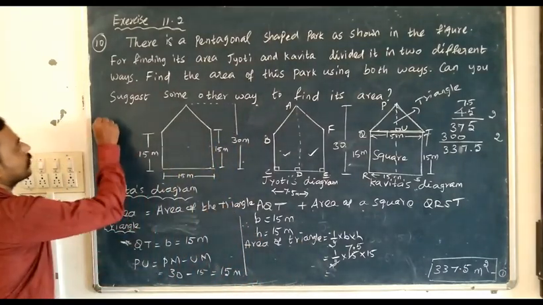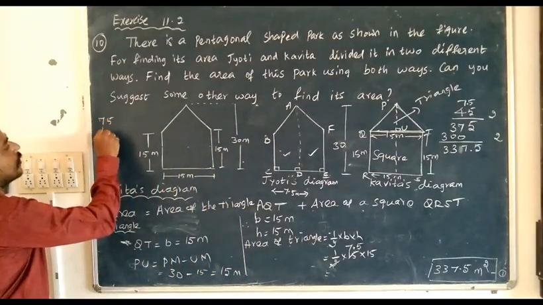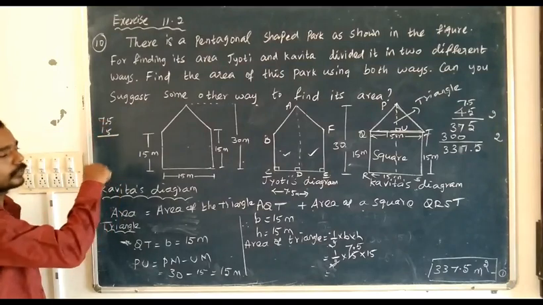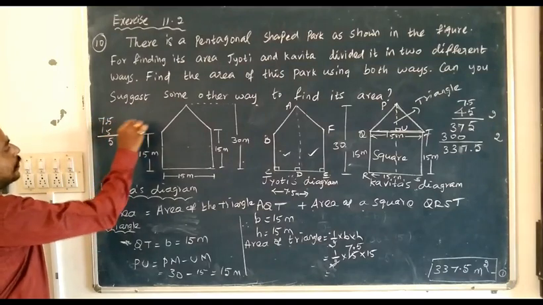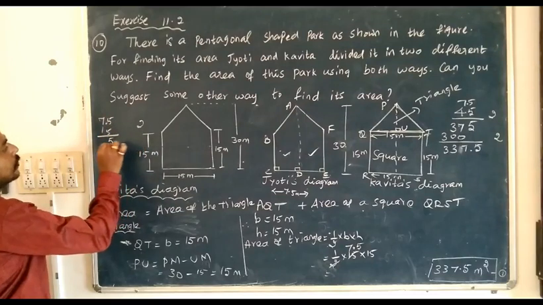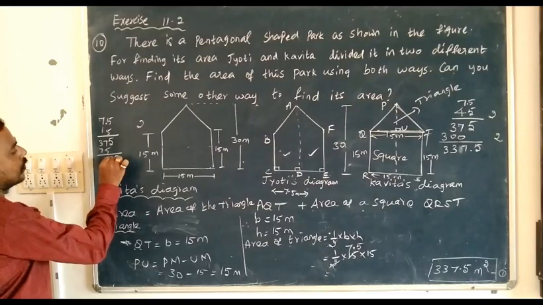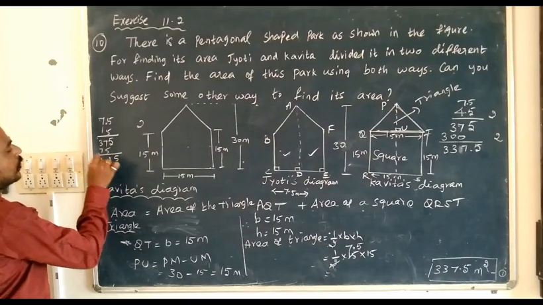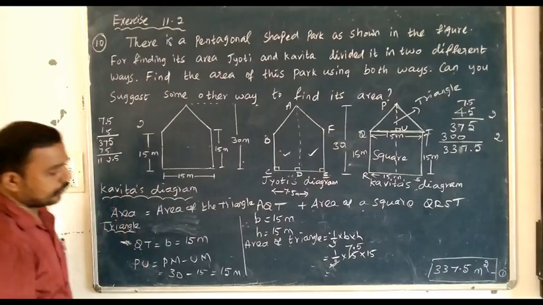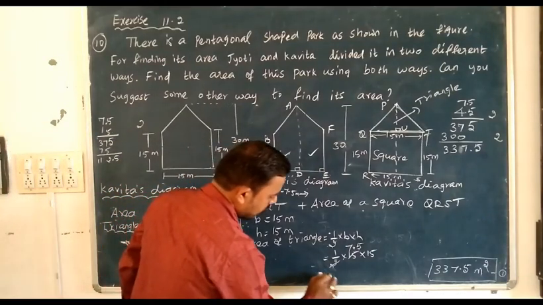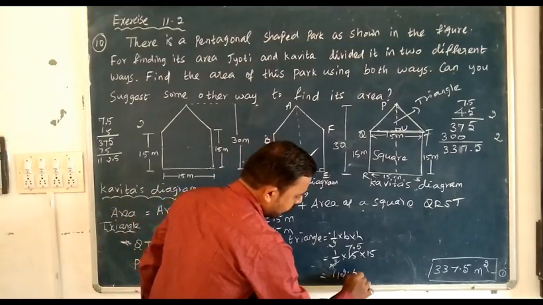Multiply, then put the decimal. So the answer is 112.5.